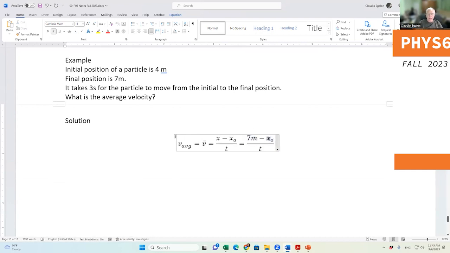That should be just like a recipe, right? And 3 seconds. 7 minus 4 is 3. And we end up having 1 meter per second.